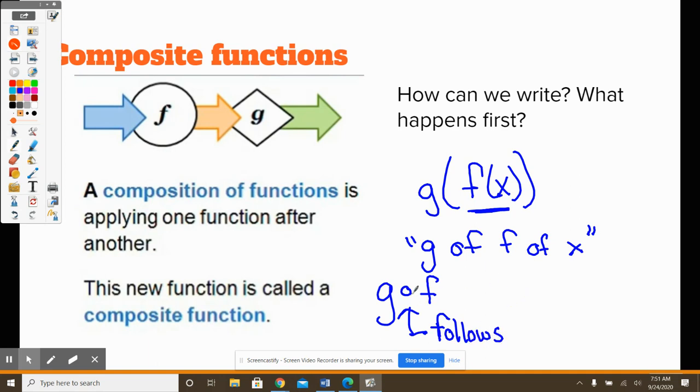So that means G follows F, which means F happens first. Most students, if it is written this way, immediately write it the other way. This way makes more sense to kids, and it reminds you that what happens first is the innermost. So those are the two ways we can write it.